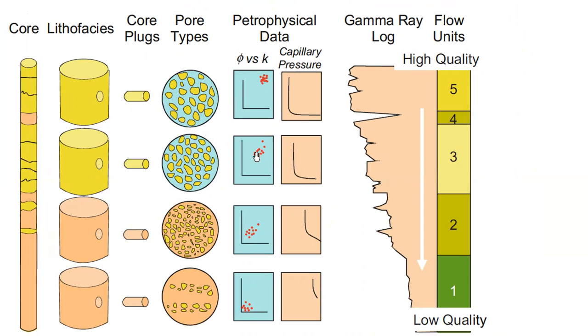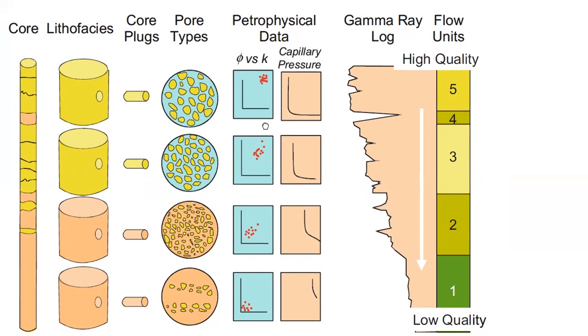The second class has quite high porosity, quite high permeability, but more heterogeneous. The range is bigger here. And this one, moderate porosity, moderate permeability, and the fourth class, low permeability, low porosity.